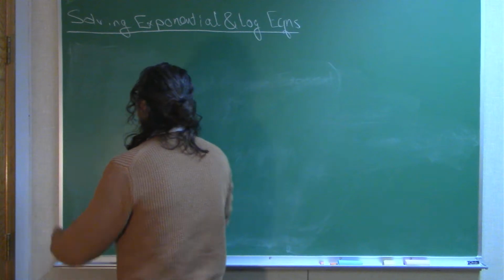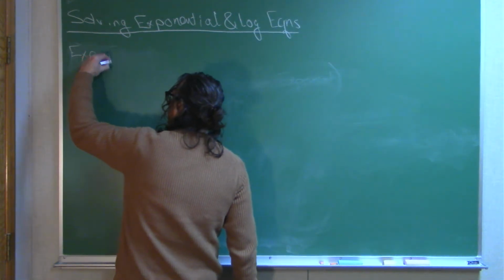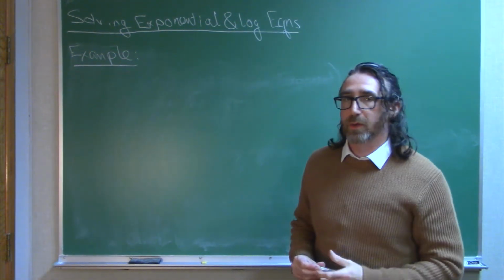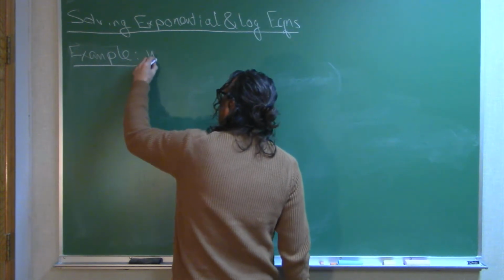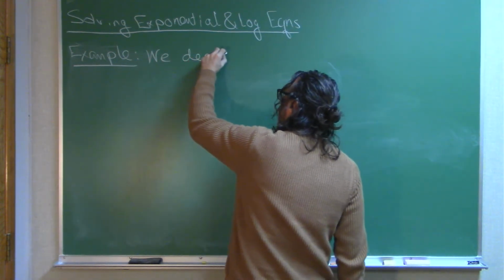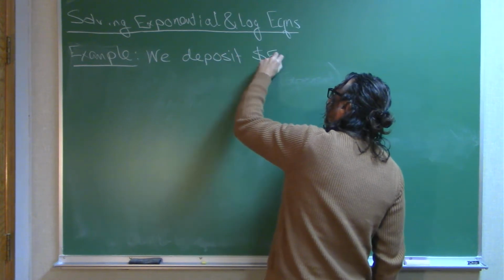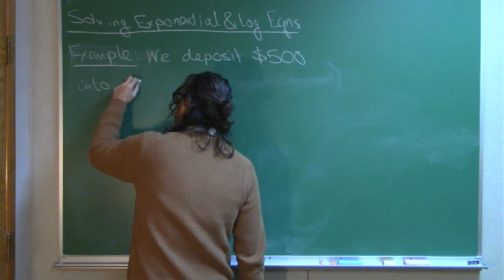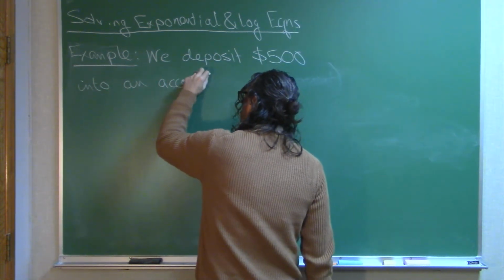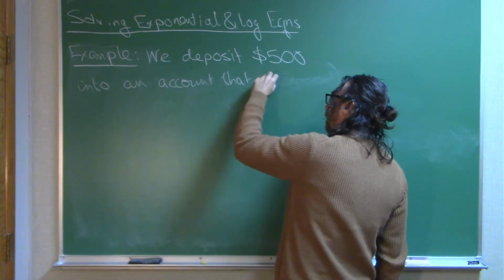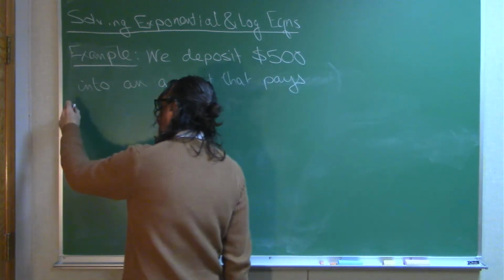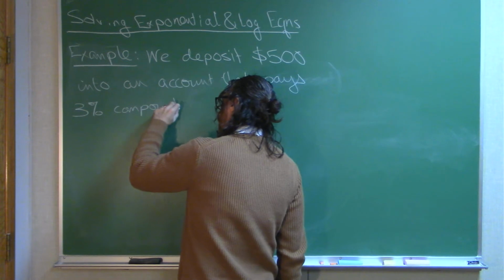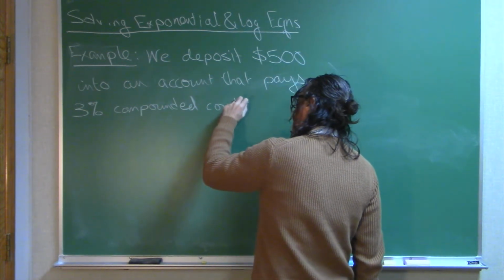Okay, let's do a quick example of a problem that would lead to solving an equation with an unknown exponent. So let's say we deposit $500 into an account that pays, let's call it 3% interest, compounded continuously.